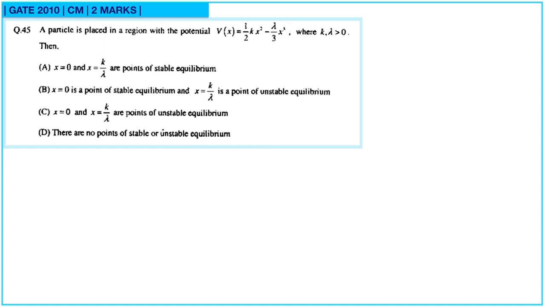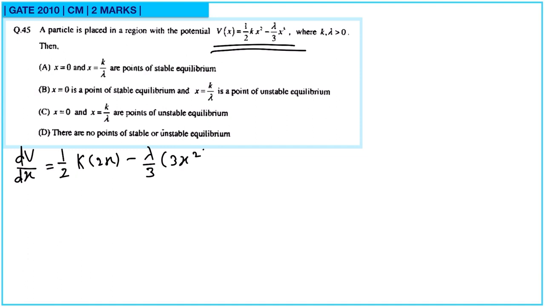Next question. A particle is placed in a region with potential V of x, where k and lambda are greater than 0. Then we have to find the points of stable and unstable equilibrium. This is the potential. Let us take the first derivative. So dV by dx is equal to half into k into 2x minus lambda by 3 times 3x square.